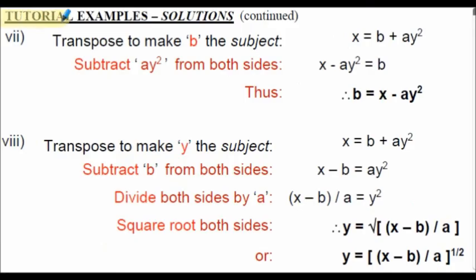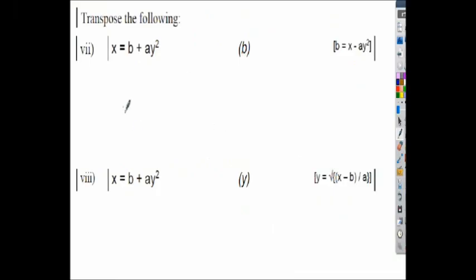Tutorial example solutions. Overview of solutions to question 7 and question 8 here. Again, I'll let you review these at your own pace, but the following slides show the solutions in more detail. Question: given x equal to b plus ay squared, I've got to make b the subject here.